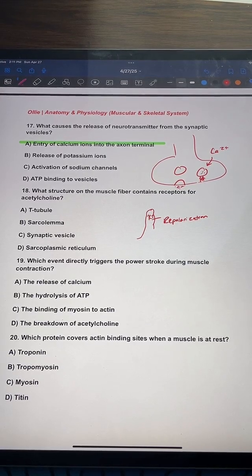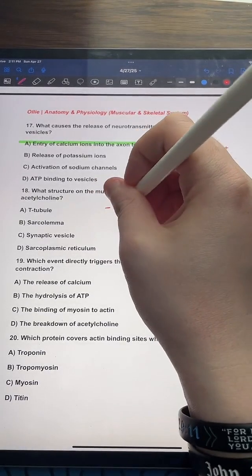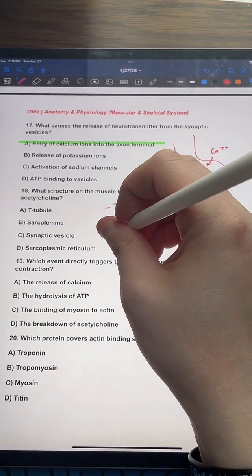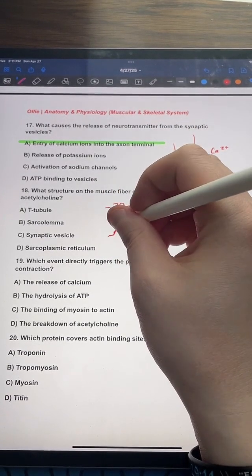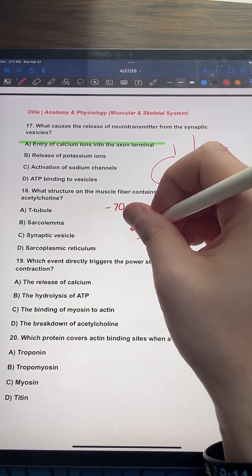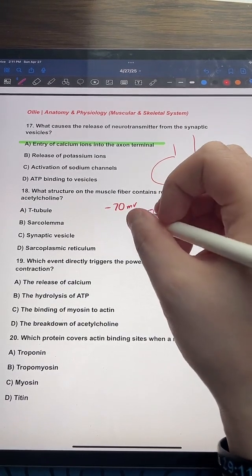Yes, so the action potential would trigger the release of calcium, yes. Basically, the resting potential is at like negative 70 mV. And then there's a graded potential that kind of gets up here. And once it gets to negative 55 millivolts, this is where the sodium channels open.